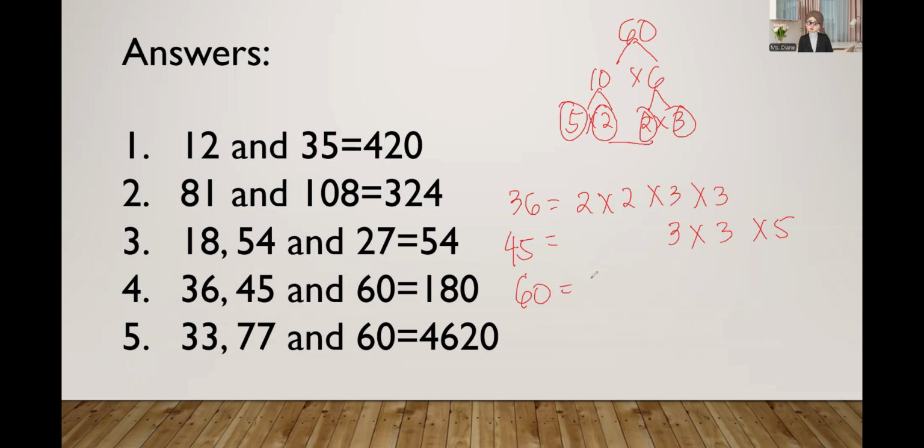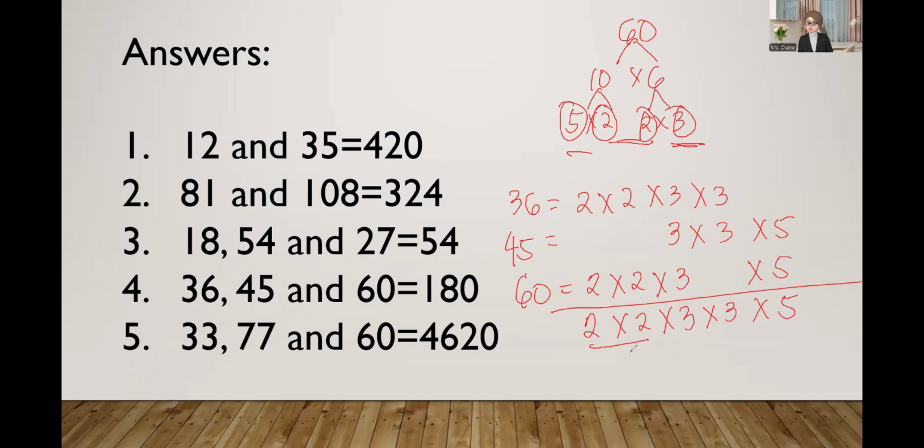You have two 2's, 2 times 2. And then we have one 3. And then we have 5. Okay. Just bring down all the prime numbers. 2 times 2 times 3 times 3 times 5.